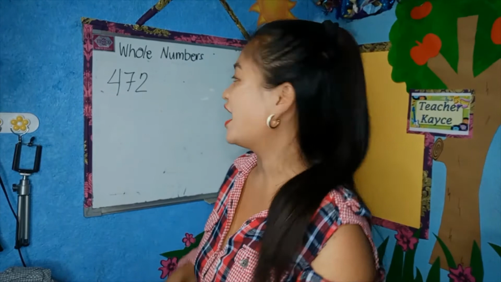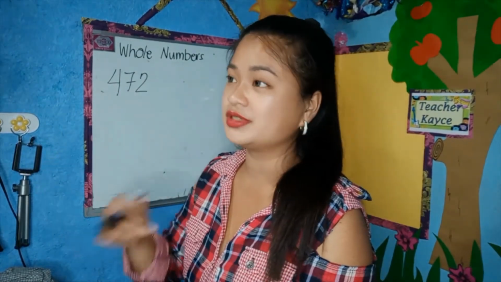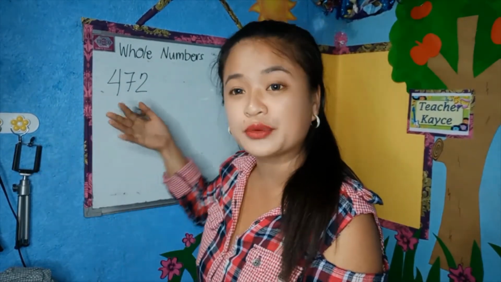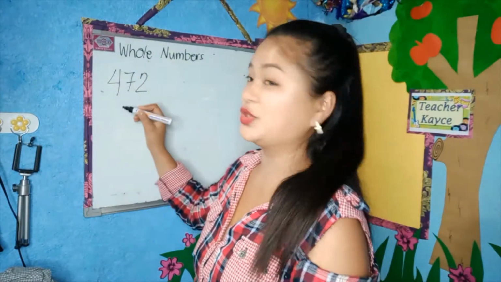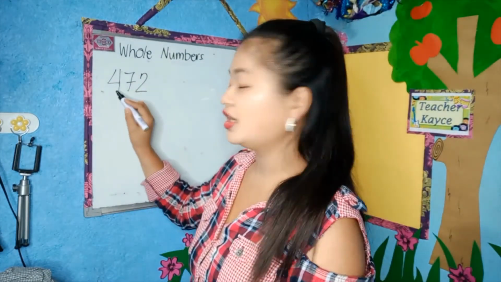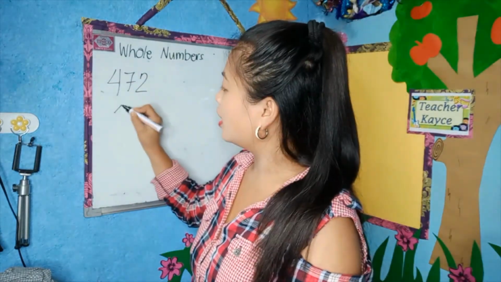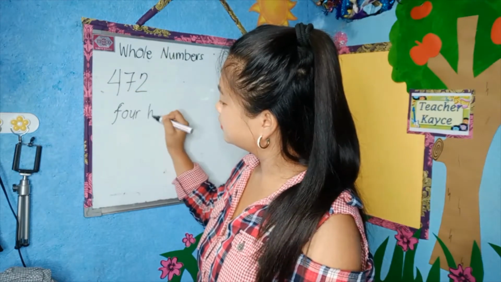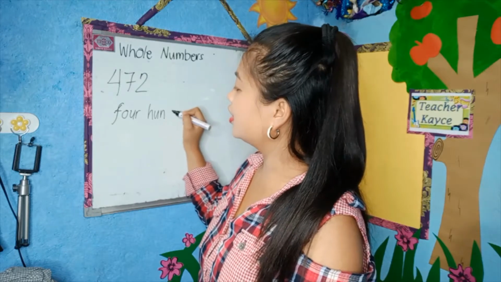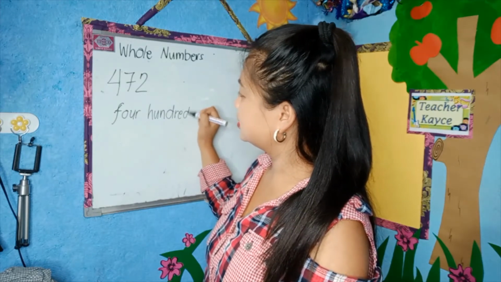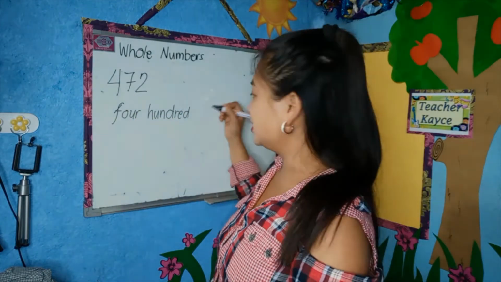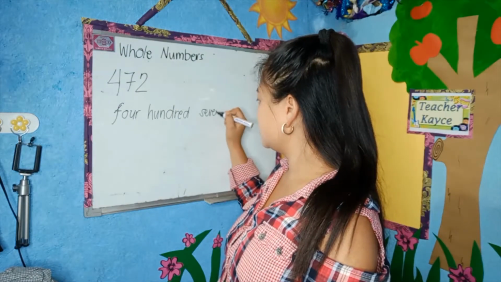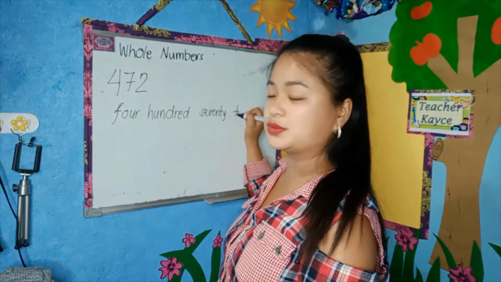After getting the place and the place value of our whole numbers, we are going to read it. So we have 4 as 400, 472.